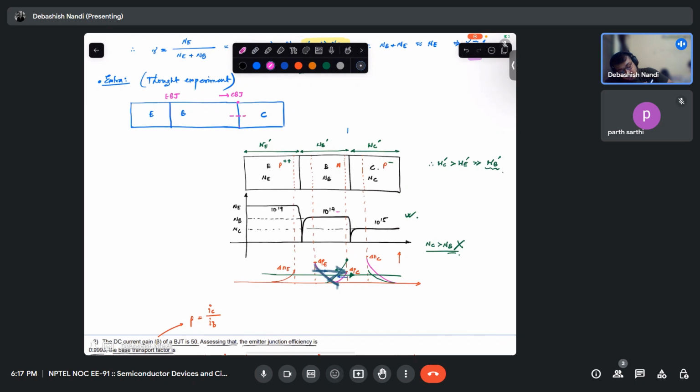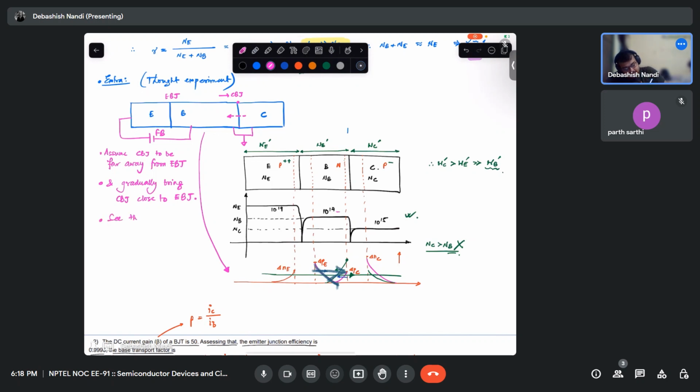The bias condition you will take as forward biased for EBJ, and think of the CBJ as shorted. Then gradually bring CBJ close to the emitter base junction and try to see what is the effect on this diagram. This is a very good thought experiment for you.